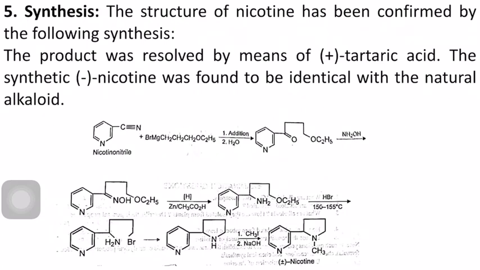Then it undergoes cyclization. Then it is methylated using methyl iodide to get a mixture of nicotine, plus and minus. Finally the product was resolved by means of plus tartaric acid, and the synthetic minus nicotine, meaning levorotatory nicotine, was found to be identical with the natural alkaloid.